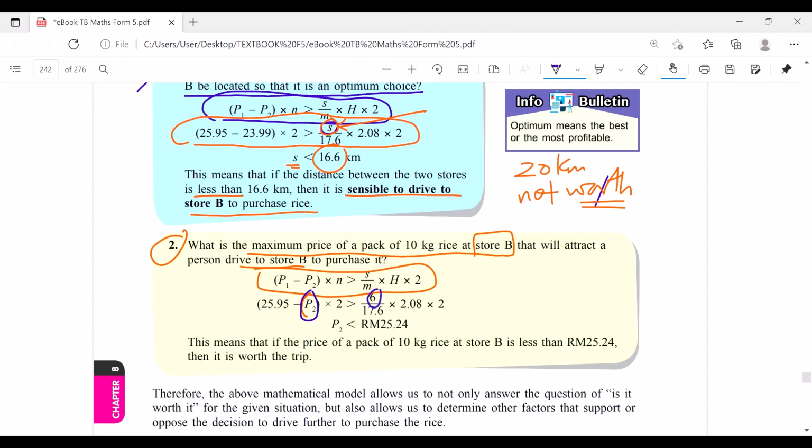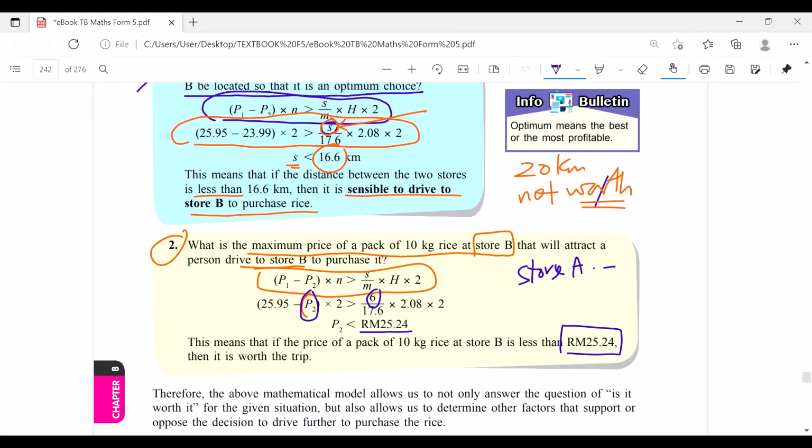This one is still the same, and you get P2 must be less than 25 ringgit 24 cents. Must be less than this. So it's worth the trip. If it is more, no.